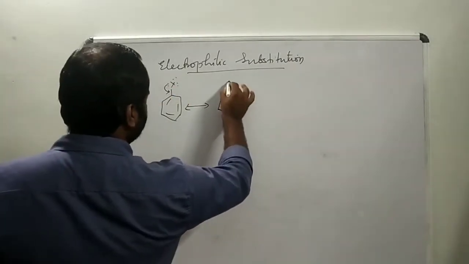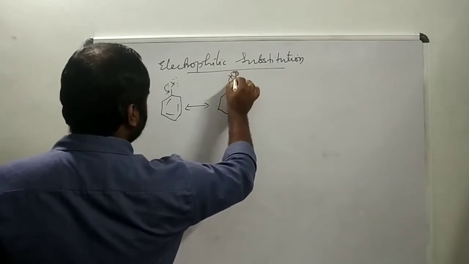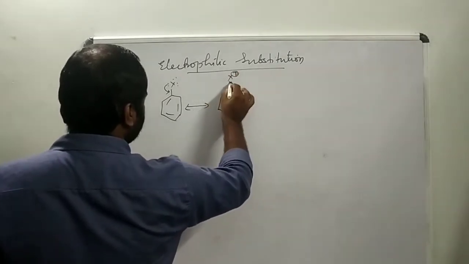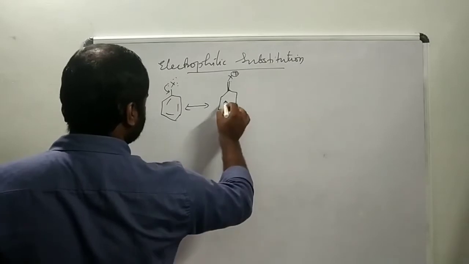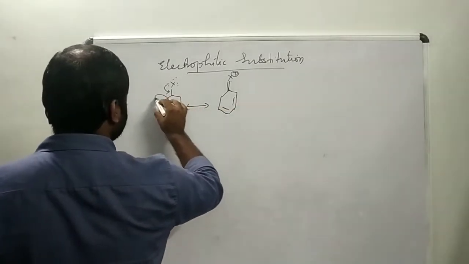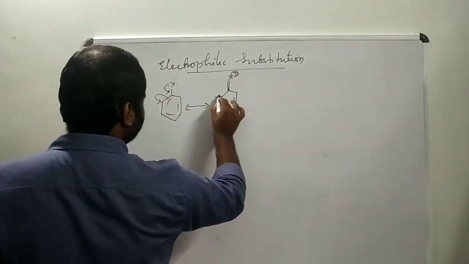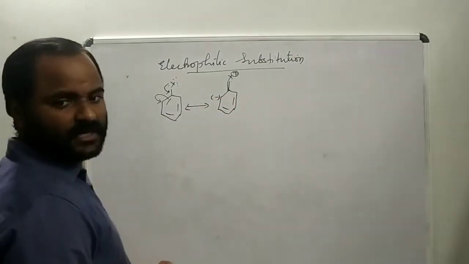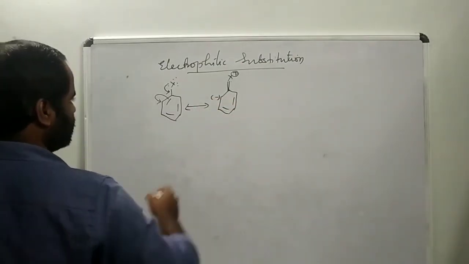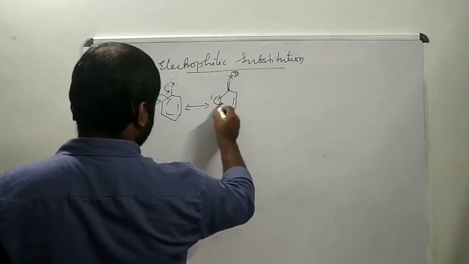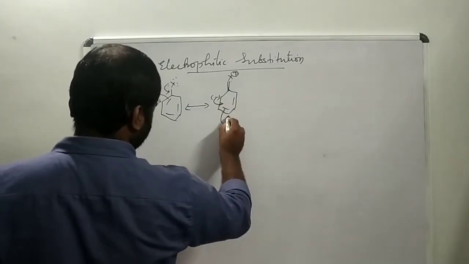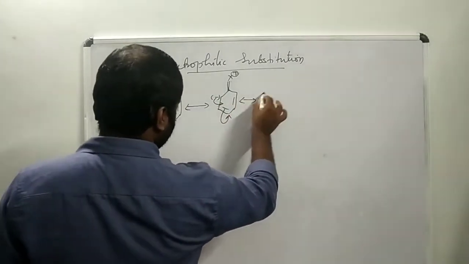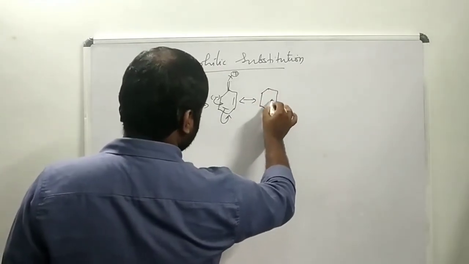The halogen gets a positive charge and a double bond is formed between carbon and halogen. This bond is shifted to this carbon and you get a negative charge. Clear? In the second structure, this is shifted to this position and this bond is shifted to this carbon and you get the next structure.